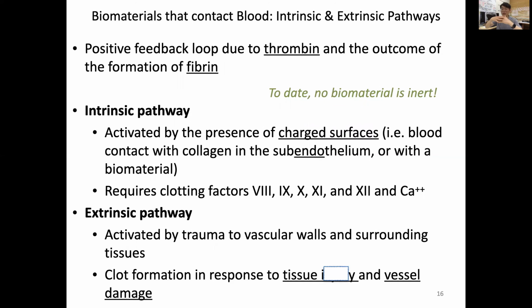In the subendothelium, there's a basement membrane which contains collagen type 4, or with a biomaterial. So a biomaterial can cause the intrinsic pathway of blood clotting, and this requires a number of clotting factors and mineral calcium ions. The extrinsic pathway is activated by trauma to vascular walls and surrounding tissues, and that clot formation is in response to tissue injury and vessel damage.